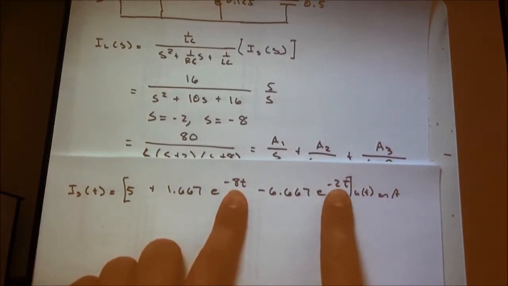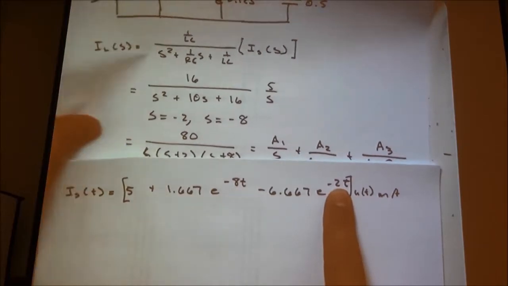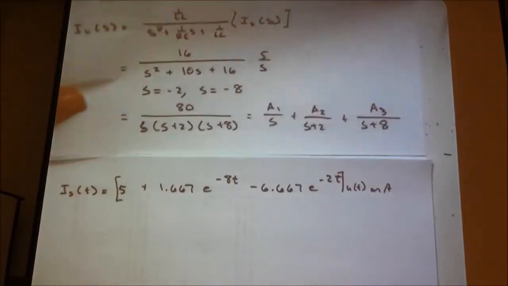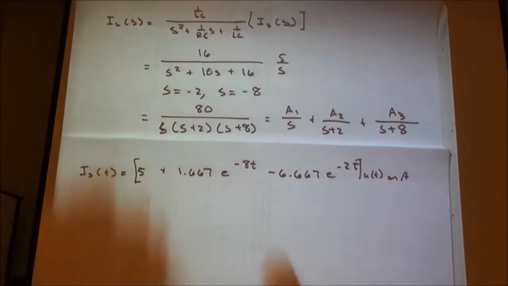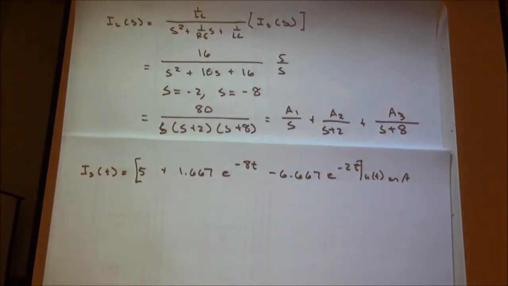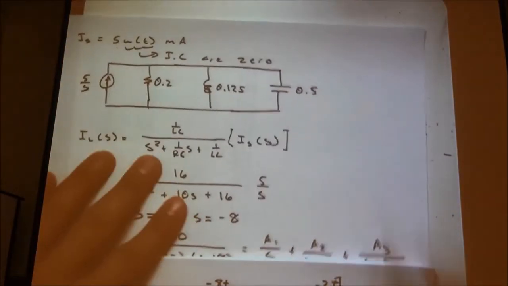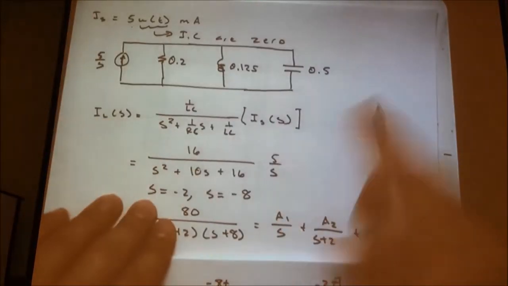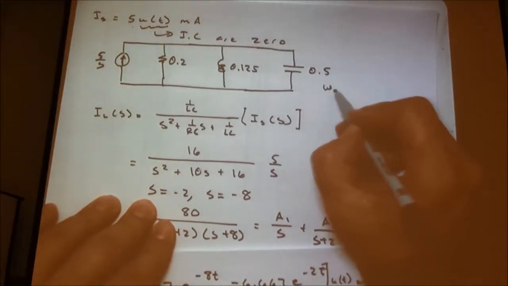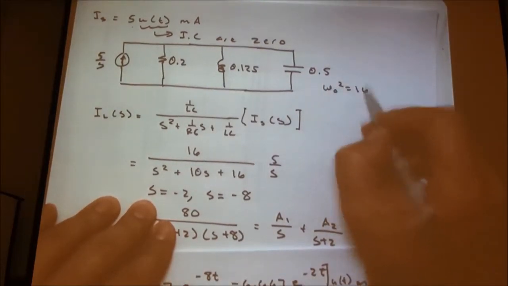And we would have to make sure our poles were correct as well. As a final observation, again, we have two real and negative poles. This is an overdamped circuit, and we see that in the response. And we can go ahead and look at that as well. In our expression here, omega naught squared was 16.